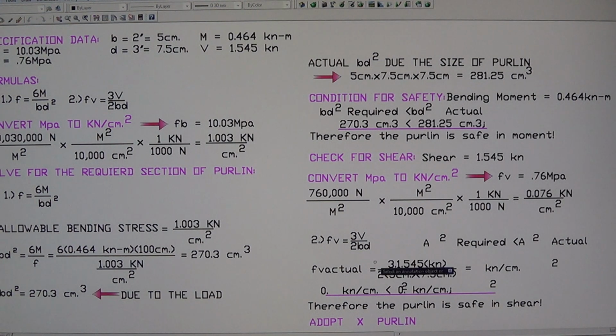We are now shearing this purlin and apply this shear load of 1.545 kilonewton and see what happens.